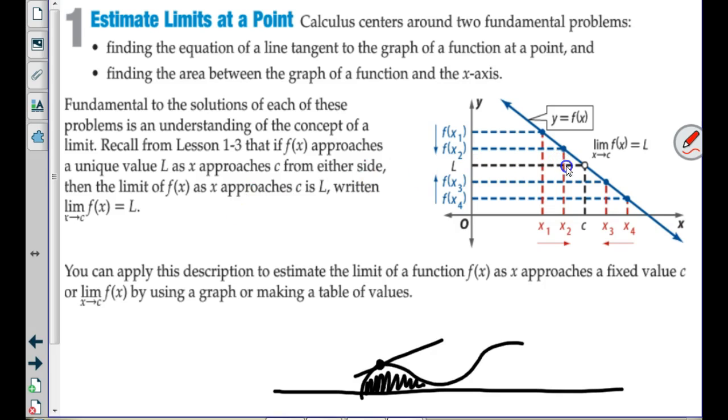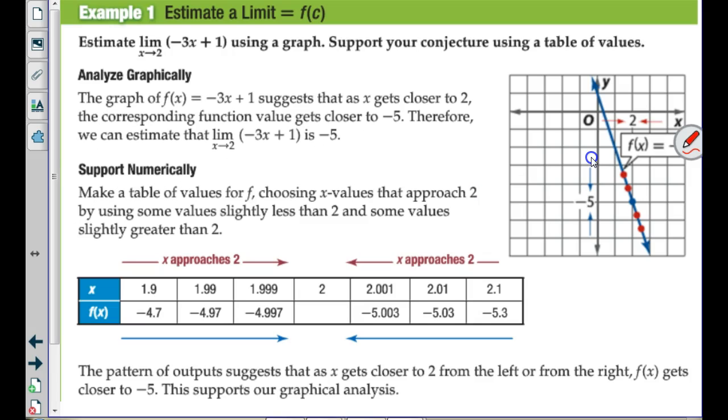For example, looking at this line, even though there's an open circle right here, the limit exists at C, the x value, and the limit is L, the y value, because this function is approaching that same y value from both sides. It doesn't matter that it's undefined at that point, as long as it's approaching the same y value from the left and the right, the limit exists there.